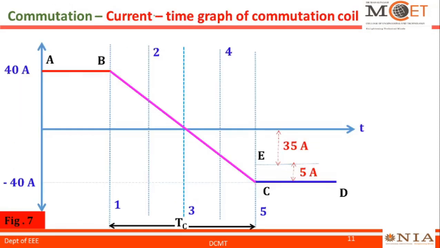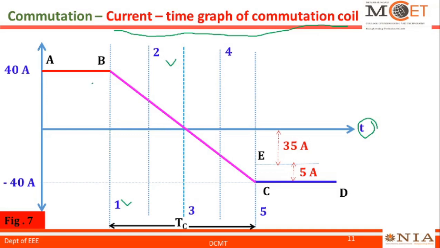Figure 7 shows the current-time graph of the commutation coil. I referred to a couple of instances here because the x-axis is the time axis. I am referring to the time instants, namely instant 1, 2, 3 and so on.